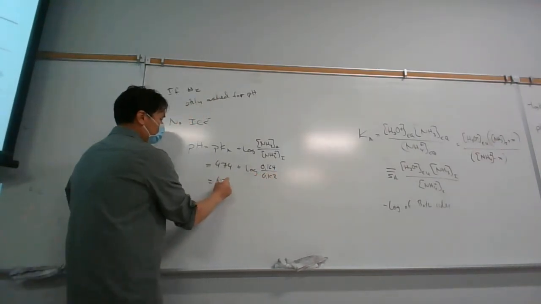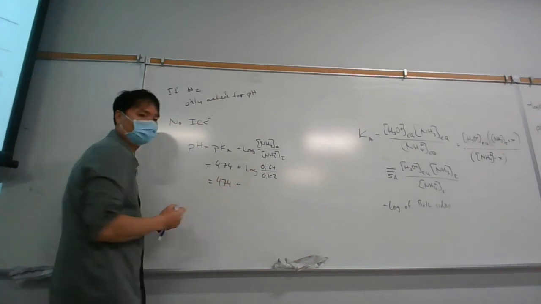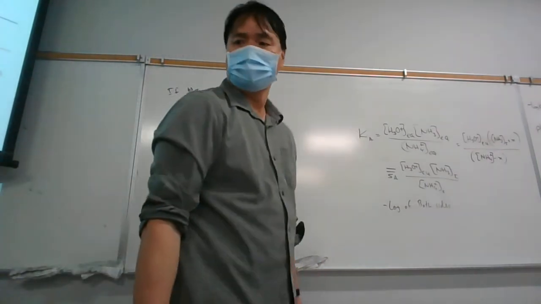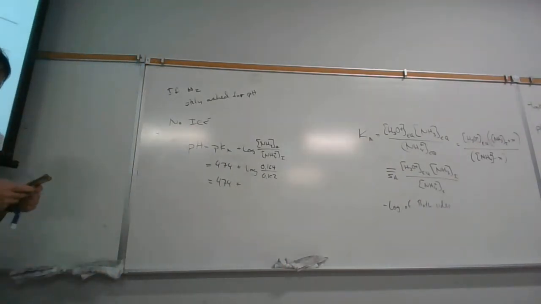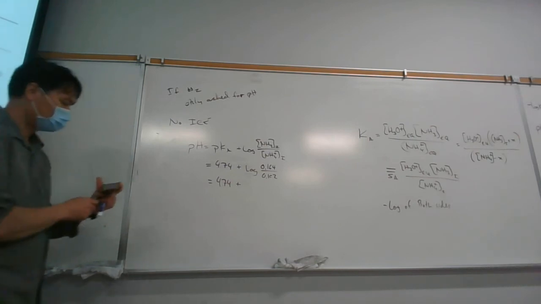And so that's 4.74 plus, okay, what's the log of that? 0.164 divided by 0.102 is about 0.206.